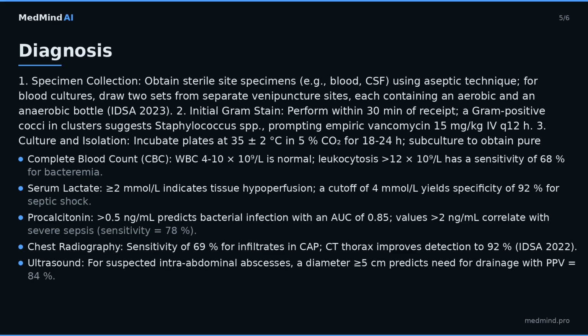3. Culture and isolation. Incubate plates at 35 plus or minus 2 degrees Celsius in 5% CO2 for 18-24 hours, subculture to obtain pure colonies. 4. Inoculum standardization. Adjust a suspension to a 0.5 McFarland turbidity, approximately equal to 1.5 times 10^8 CFU/ml.